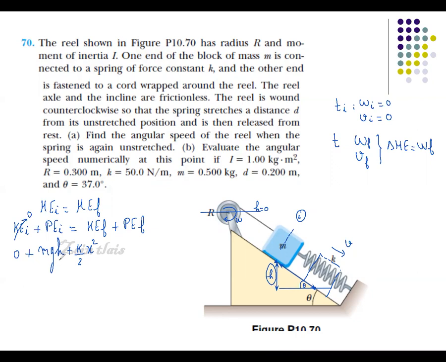Let's talk about h. To calculate h, we can take this triangle. The distance from this point to this point equals to x, and here we have h, so we can calculate h by sine theta. Sine theta equals the opposite h divided by x, so h equals to x sine theta.